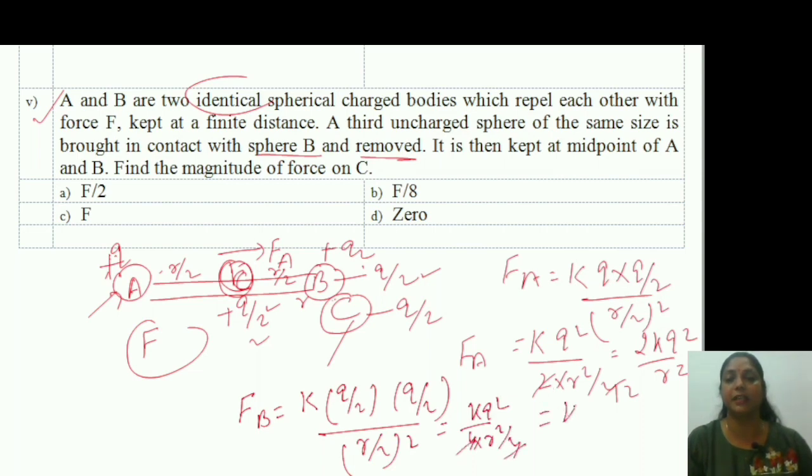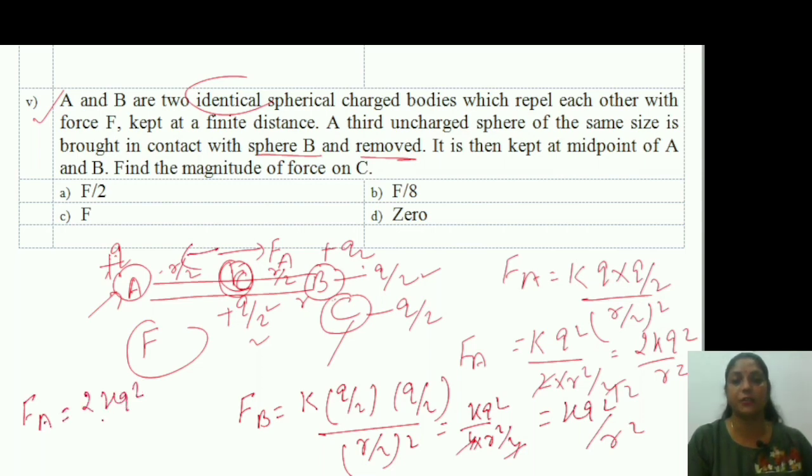It becomes K Q square by R square. Now you calculate both these forces, and the direction of these forces, both are positive. So this force is in this direction, right? So you have calculated FA is twice K Q square by R square, right? And this FB is K Q square by R square.